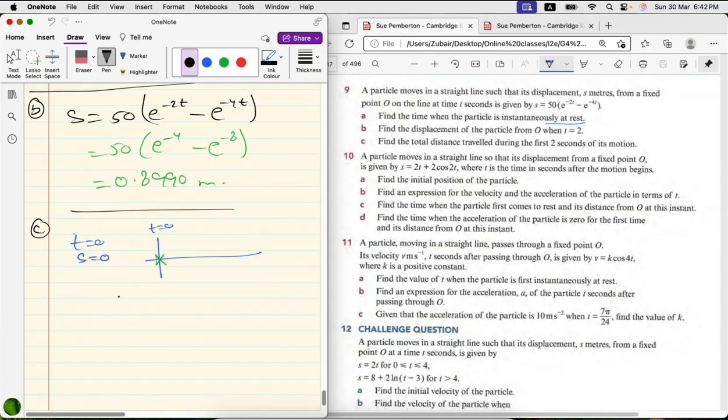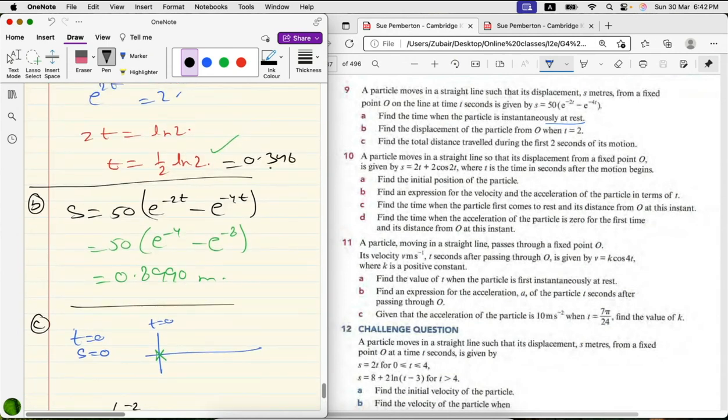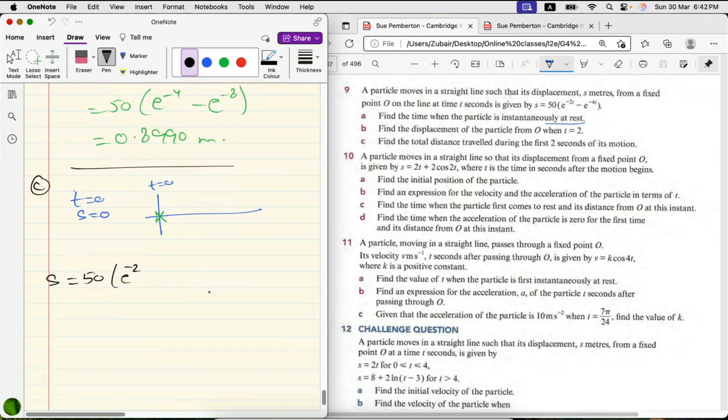So I'm finding the displacement at that point. 50 e raised to minus 2, and this is 0.34657, so I'll use 0.347 rounded, into 0.347 minus e raised to power minus 4 into 0.347.